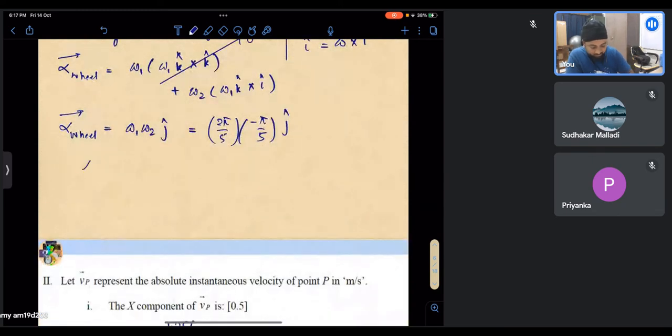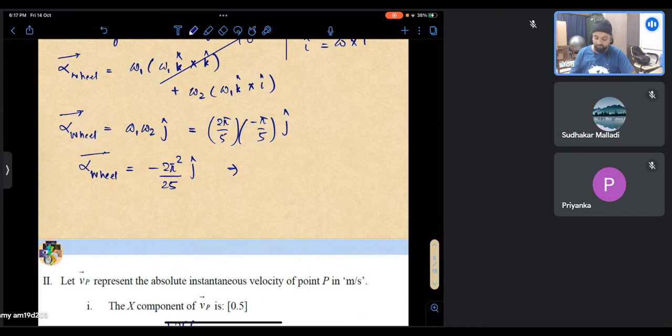So my angular acceleration of the wheel comes out as minus 2 pi squared by 25 j cap. If I were to calculate the value, minus 2 pi squared by 25, this is minus 0.789 j cap.